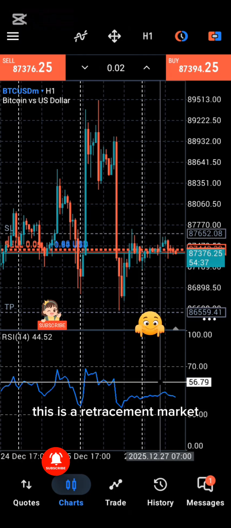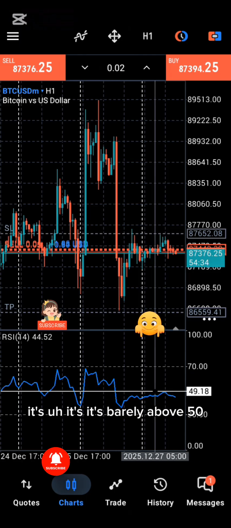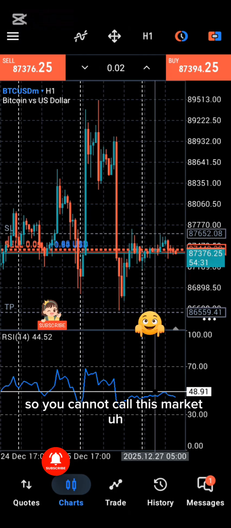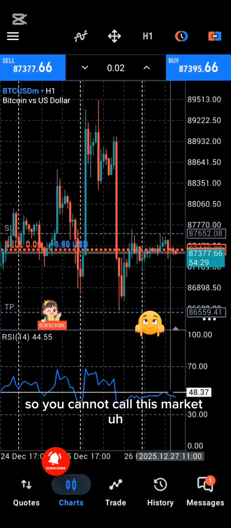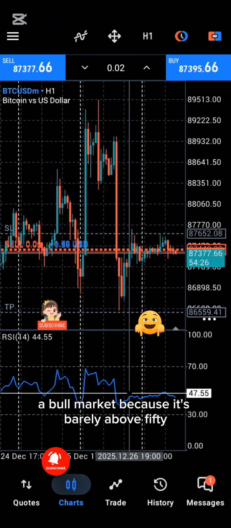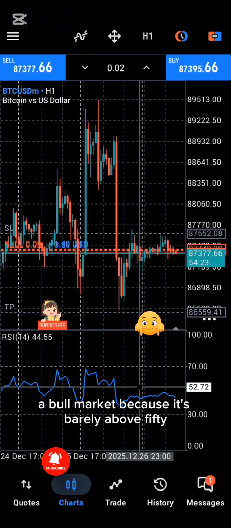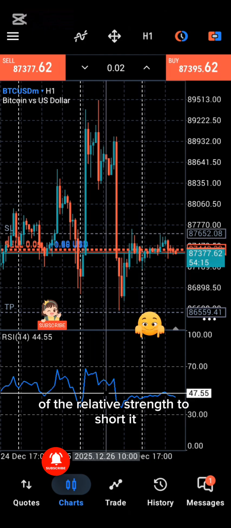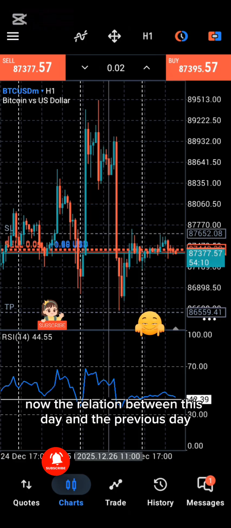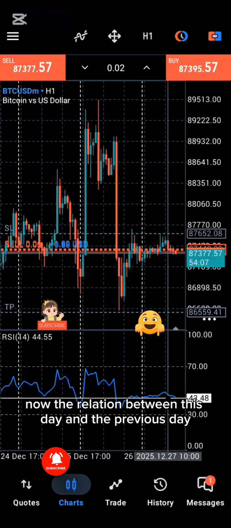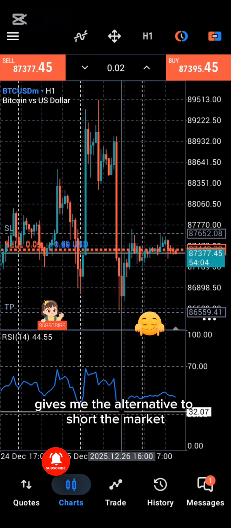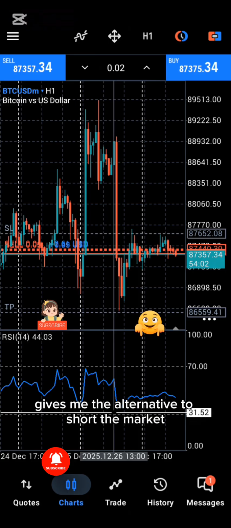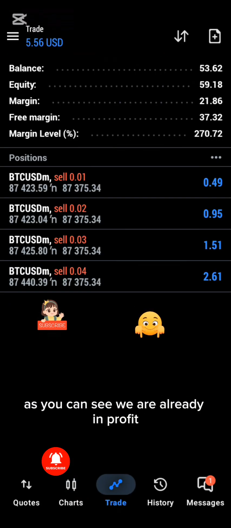This is a retracement market. It's barely above 50, so you cannot call this market a bull market. As you can see on my chart, it's retracing back, and I'm making use of the relative strength to short it because there was no bullish trend here. The relation between this day and the previous day gives me the alternative to short the market. As you can see, we are already in profit.